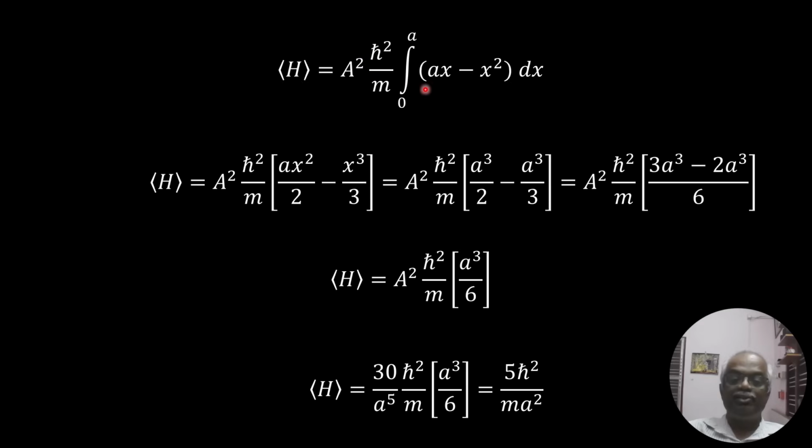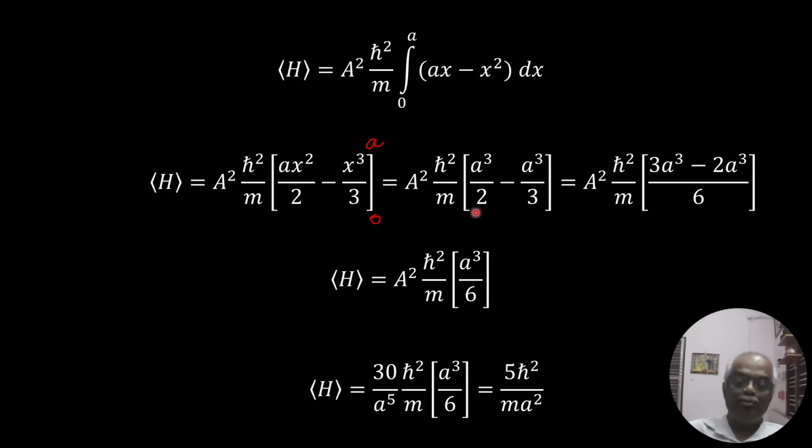Now we got this expression. We have to carry out this integration. So here you have A squared h cross squared over m, and if you integrate this, ax becomes a x squared over 2, and this is x cubed over 3, between the limits 0 to a. The first term becomes a cubed over 2, and this is also a cubed over 3.